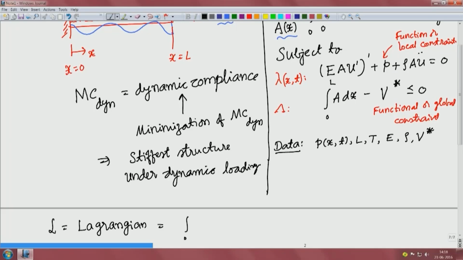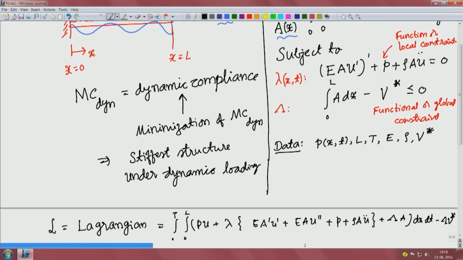So, we will have the objective function, 0 to L, 0 to T, Pu, and then we have all of this lambda times, I will expand this, E A prime u prime plus E A u double prime plus P plus rho A u double dot, and plus capital lambda A, all of this dx dt minus lambda V star.